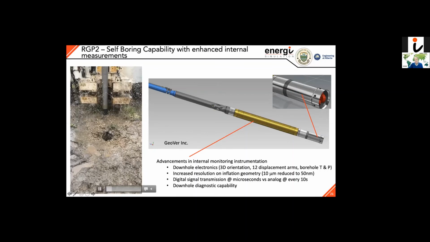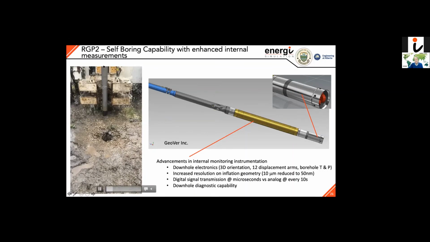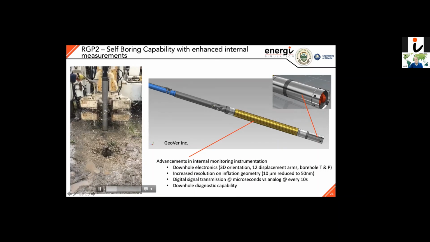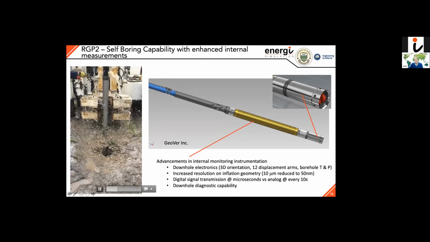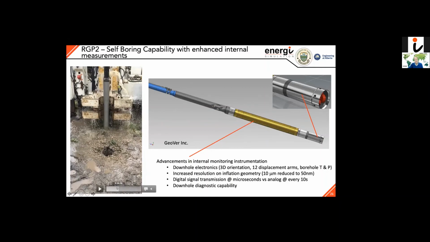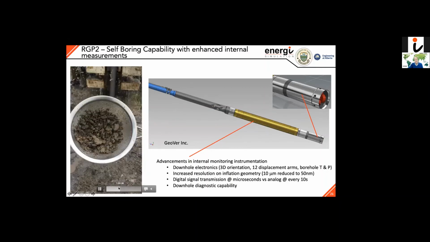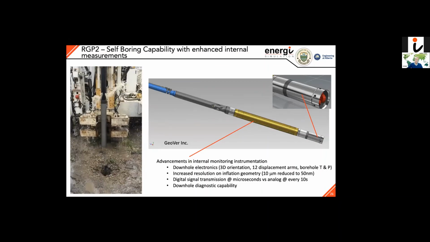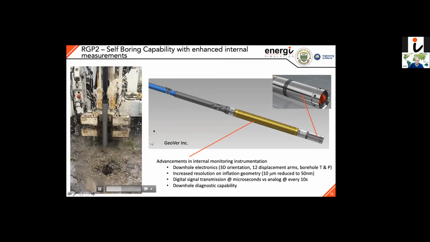And you can see really quickly in this video, just as the bit is starting to penetrate, fluids are actually coming up and out of the sub. You can see the material coming out of the sub. You'll see in a minute as the cuttings are coming out. I think that might actually be Nathan's hands. You can see the cuttings. So we've got the ability now to bring the tool to a self-boring capability.